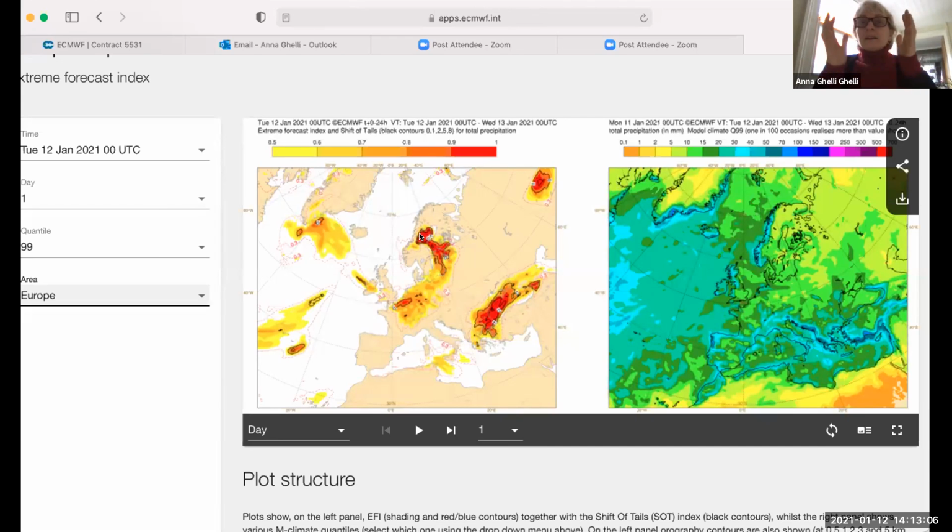When you see something like this, your brain will say: now I can picture the CDF of the climate and the CDF of my forecast as very distant. This is where the connection is.